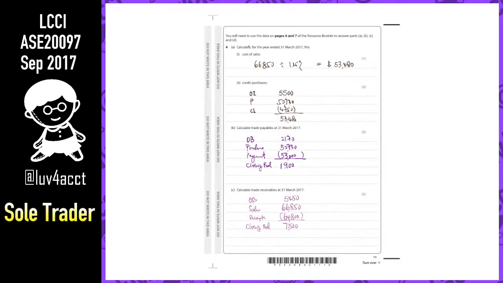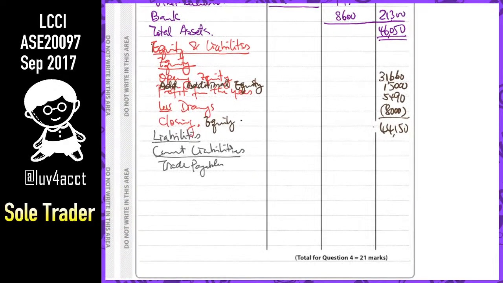Trade payables 1,900. So the moment of truth, 1,900, will it balance, plus 46050. That's nice. Now you have the total equity and liabilities. Okay, done.